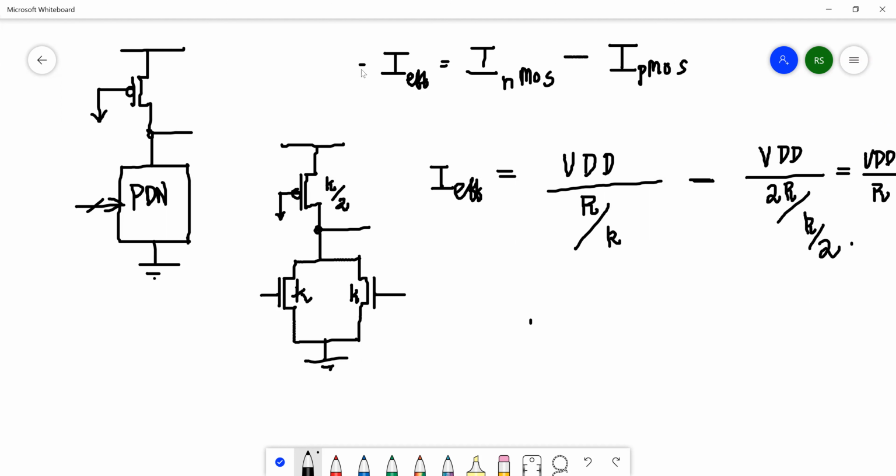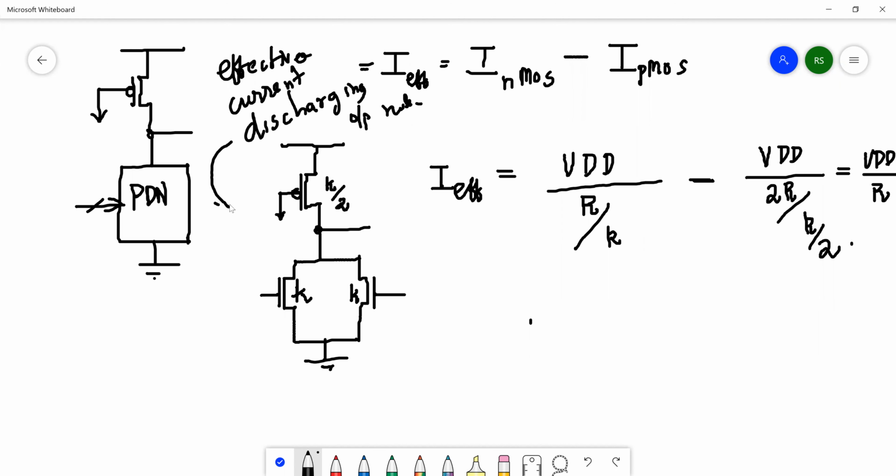I effective is nothing but the effective current discharging the output node. We said that the output node is going from 1 to 0, but when this is happening, the PMOS is also charging the output node. So the effective current discharging the output node is the difference between NMOS and PMOS. This is the first thing to remember.